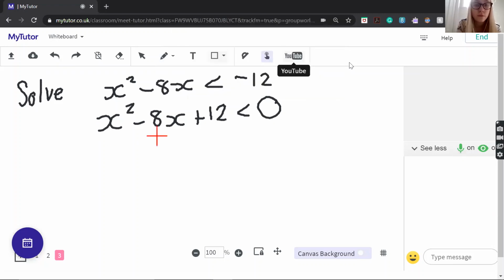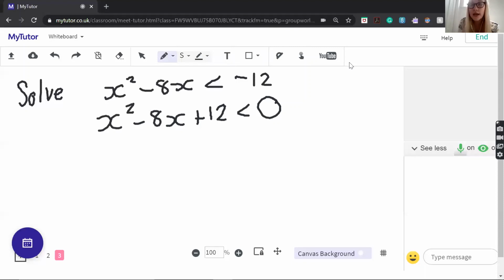Now we've got a quadratic that we're familiar with, and 0 on the other side. The only difference is that here we've got a less than instead of an equal sign, which we're not quite as comfortable with yet, but it's no scarier.